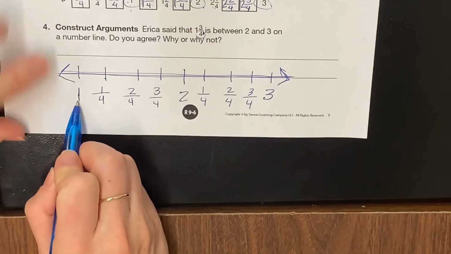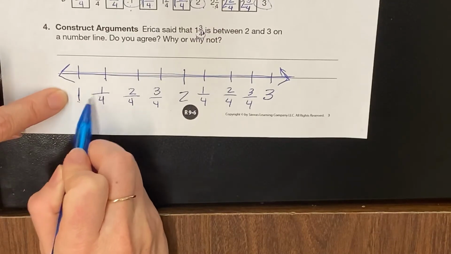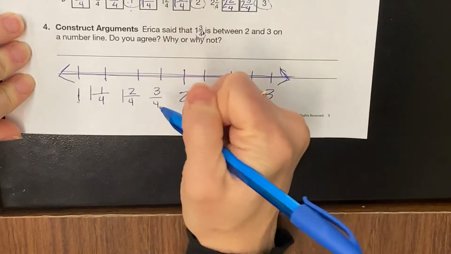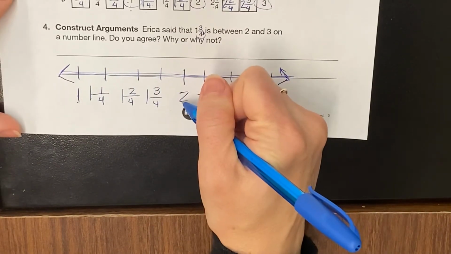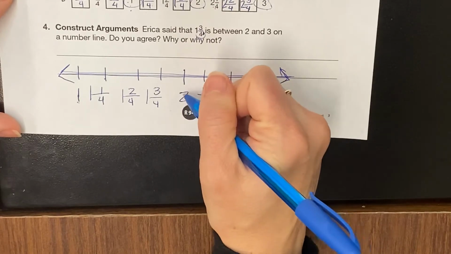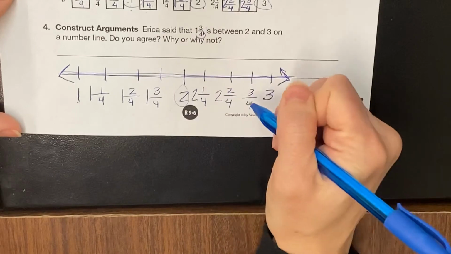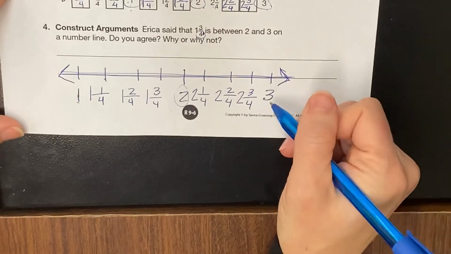So since it starts with a whole number 1 and not a 0, we're going to immediately invite it to the party. 1 1/4, 1 2/4, 1 3/4, 2. This is where it changes. We're not going to put a 1 there, we're going to put a 2 there because that's the whole number. 2 1/4, 2 2/4, 2 3/4, 3.